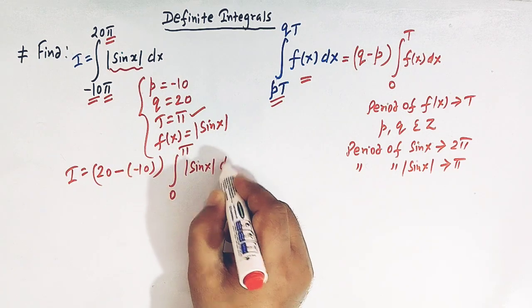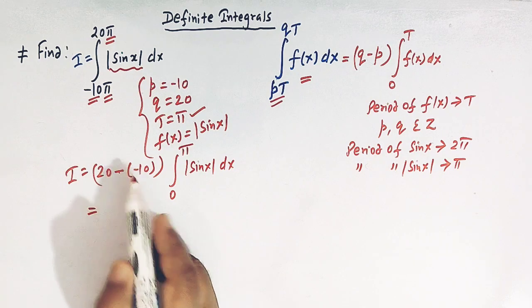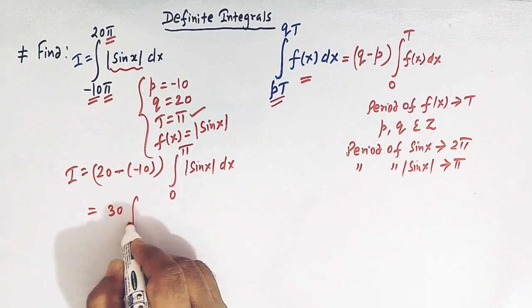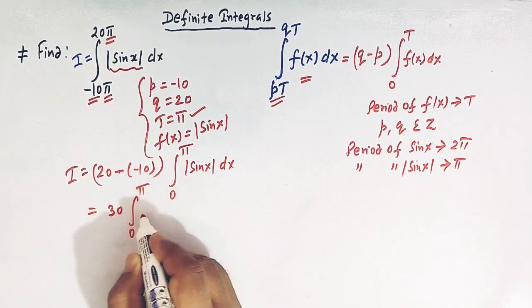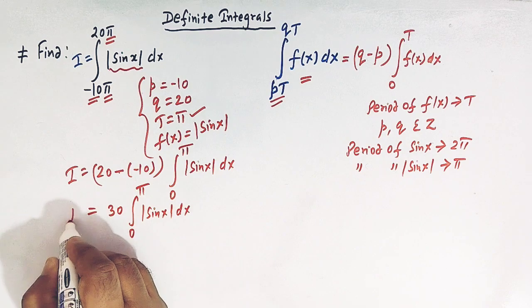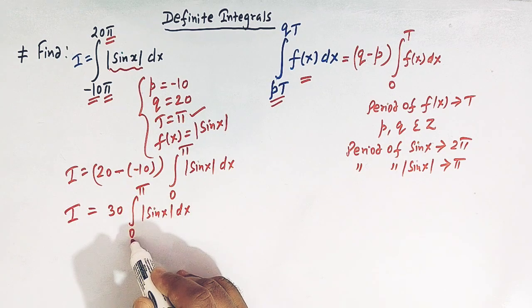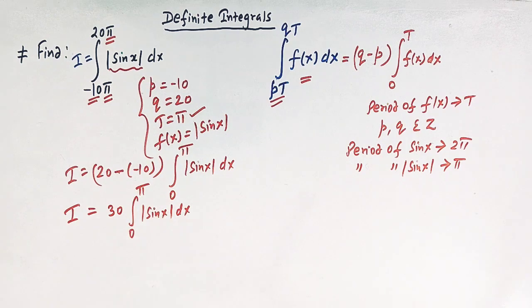Now we have minus minus plus, so 20 plus 10 is 30, and the integral from 0 to pi of mod of sine x. So now our aim is to calculate the value of the integral from 0 to pi of mod of sine x dx.